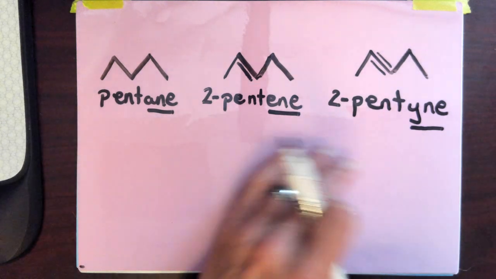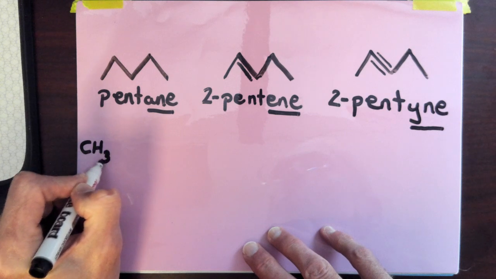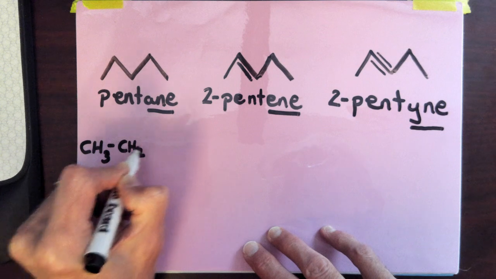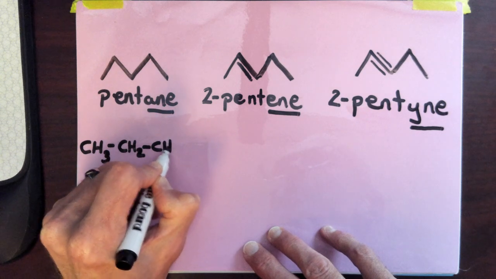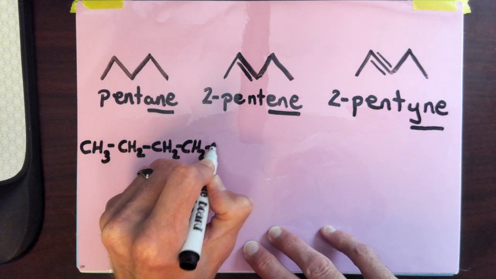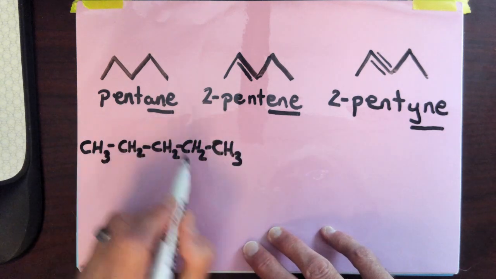Now if we want to write these as formulas, we can write CH3, CH2, CH2, CH2, and CH3 for the alkane.